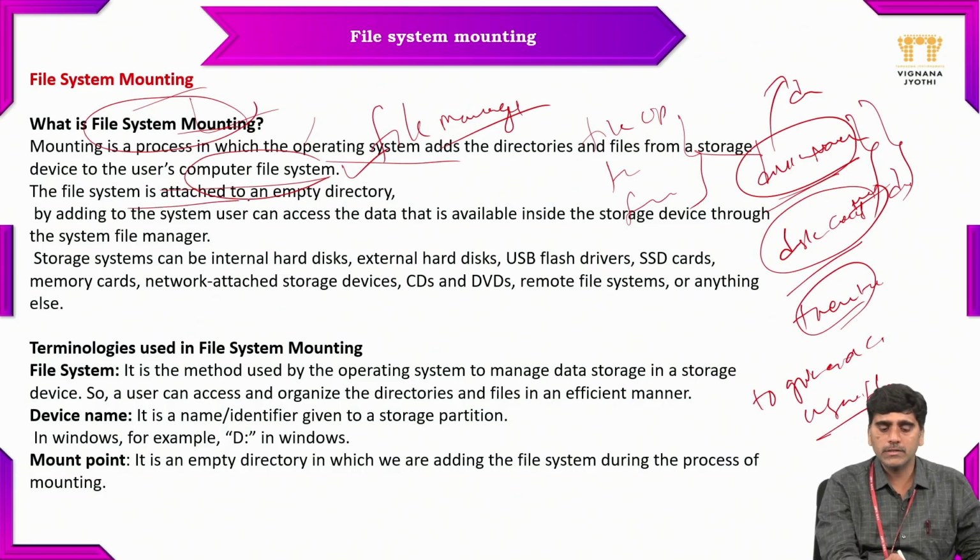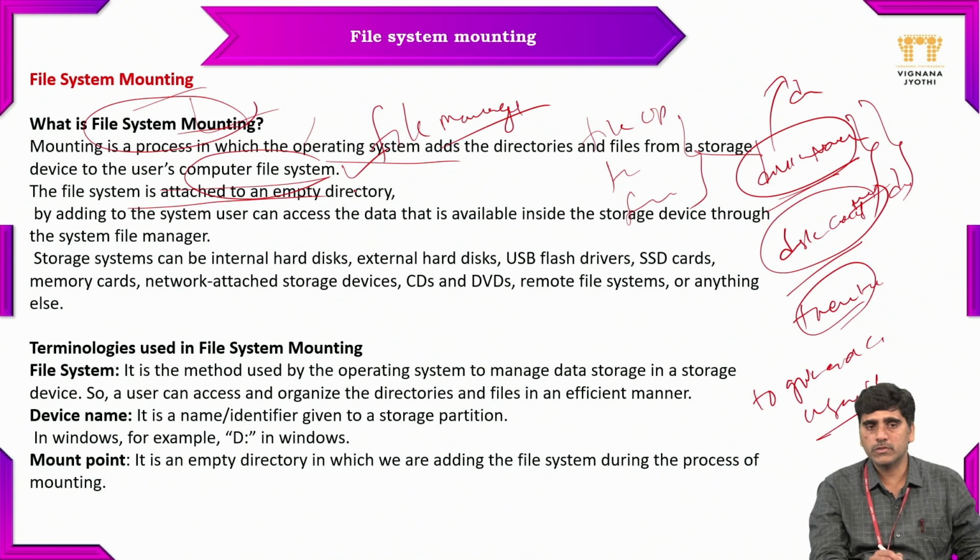The file system is initially attached to an empty directory. By adding it to the system, the user can access the data available inside the storage device through the system file manager.